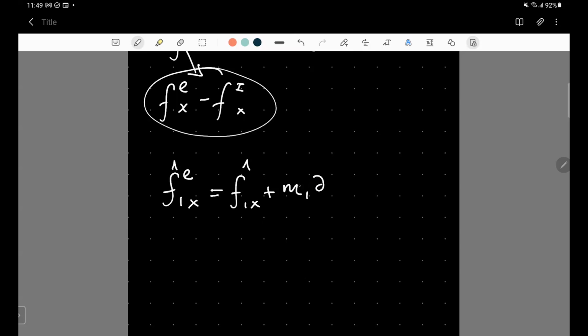That is, m is the mass multiplied by the acceleration.